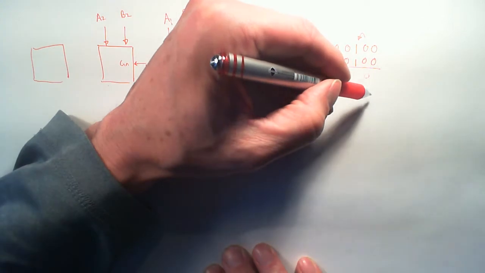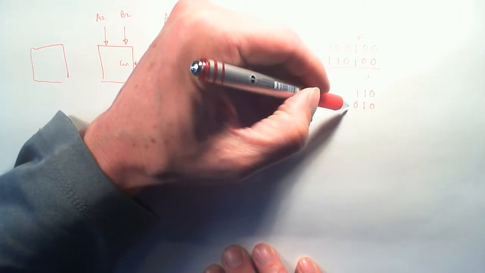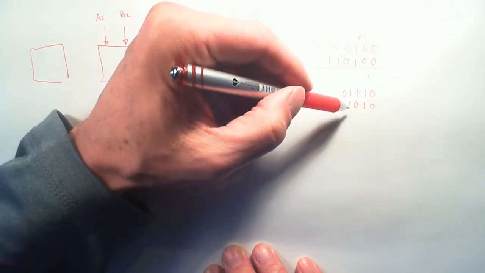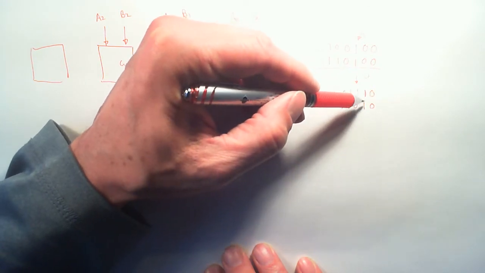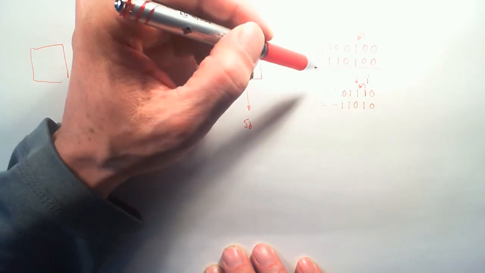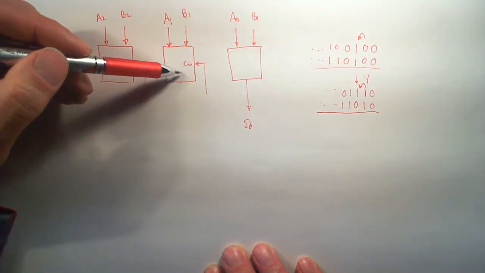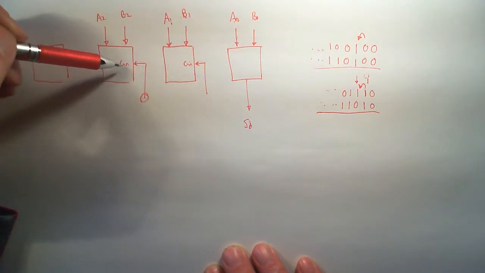I also know if I was looking at this sort of pattern, and again I'm looking at this bit stage here, because the previous two bits are both 1, I know the carry into this stage is going to be a 1. So if the previous bits are both a 1 or both a 0, I know what the carry into the following stage is going to be.